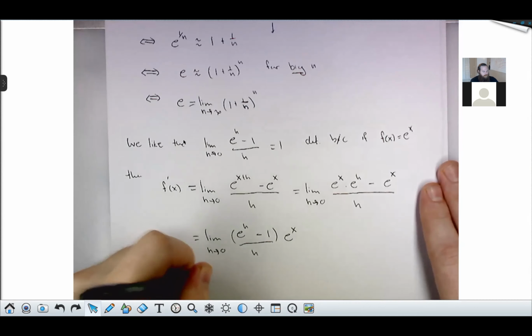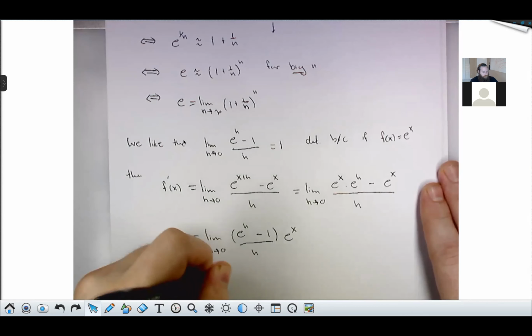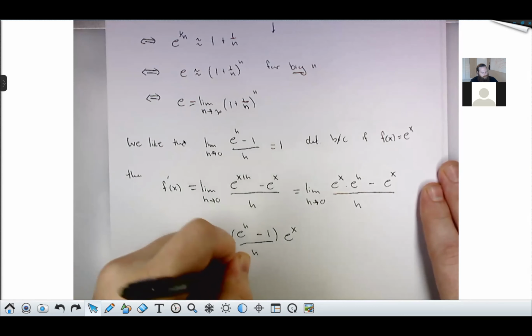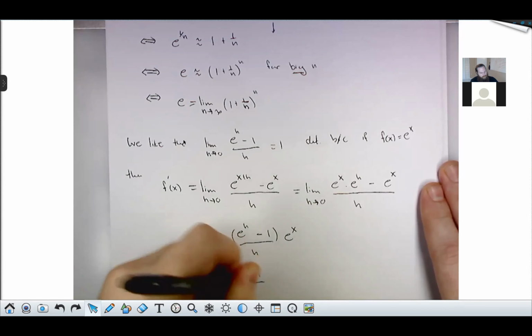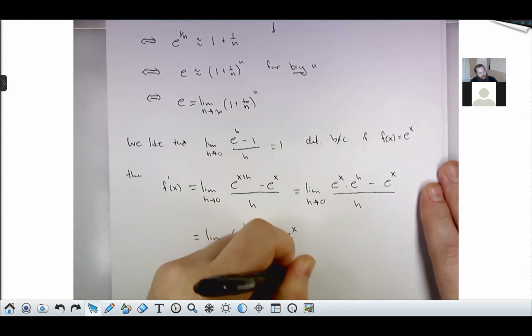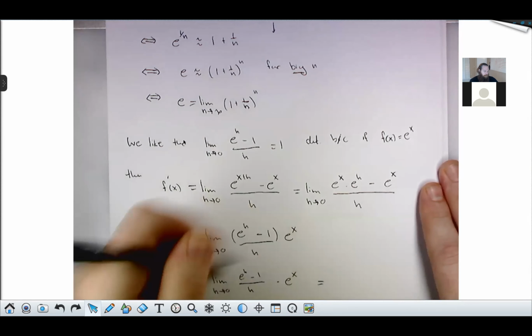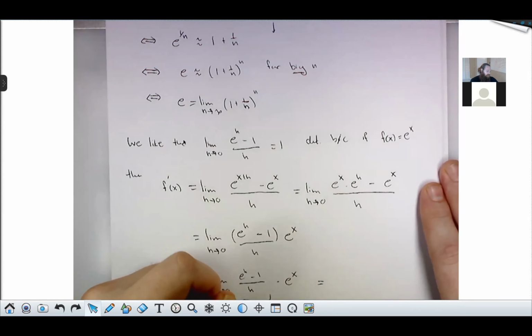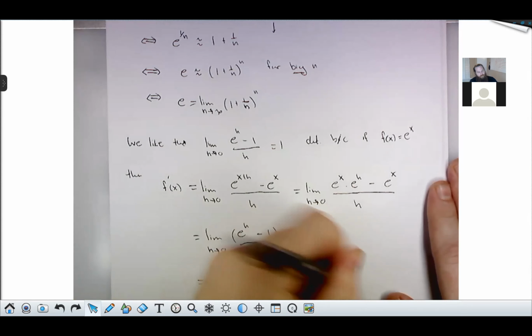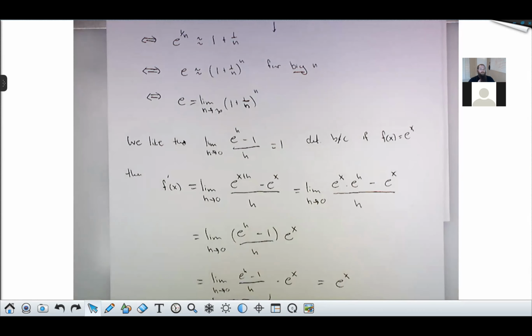And then by the definition of e, this is the limit as h goes to 0 of (e^h minus 1) over h times e^x. By our definition, this is 1. So this is just 1 times e^x, which is e^x.